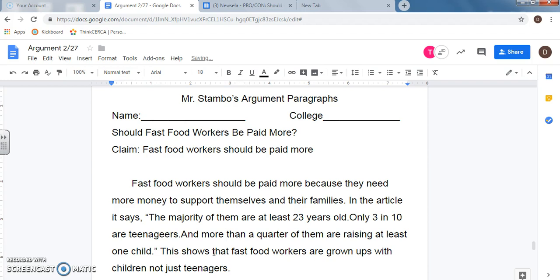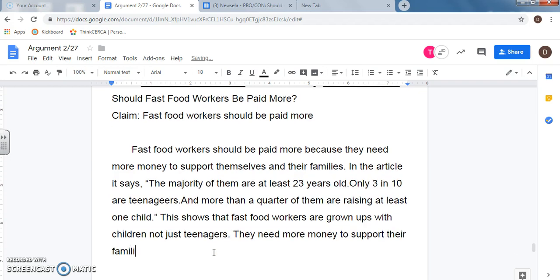Okay. So how does that help my argument? Well, they need more money to support their families and themselves.